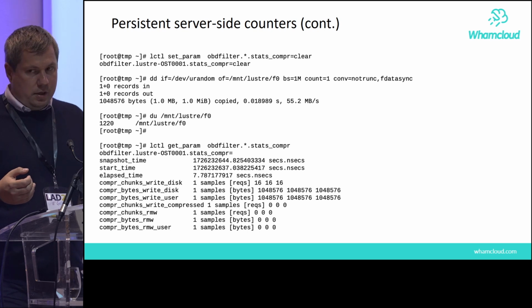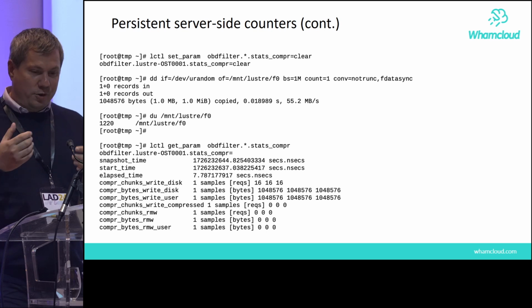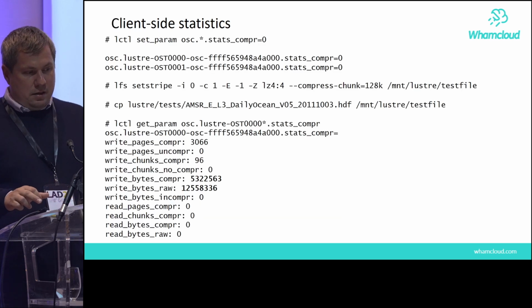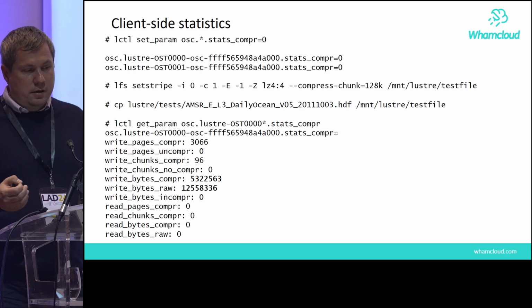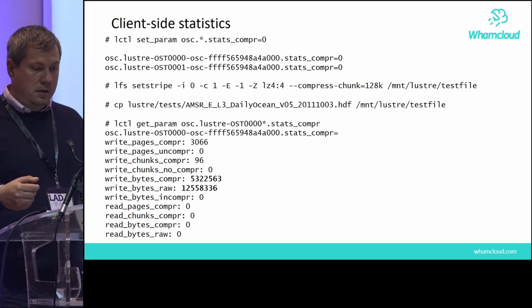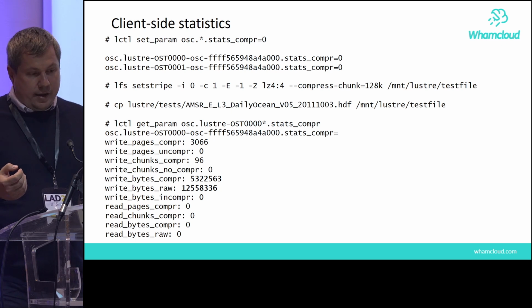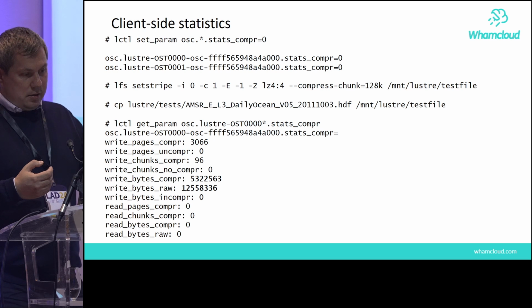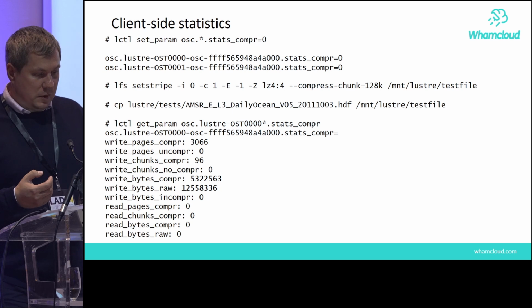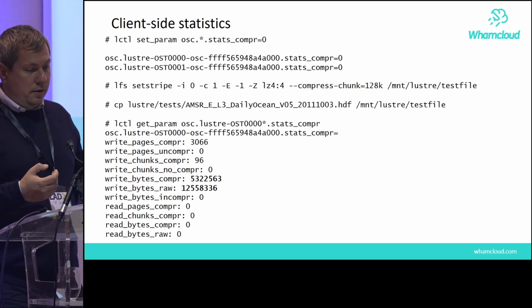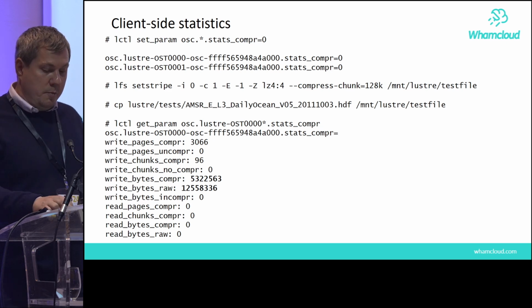So here we see how to see the results of this operation and understand what happens. Client-side statistics work the same way. We can reset these statistics and get them at any moment. So here is another example, where data that can be compressed is written to the file. We can see that 12 megabytes were written, and it occupies only 5 megabytes on disk finally after compression.